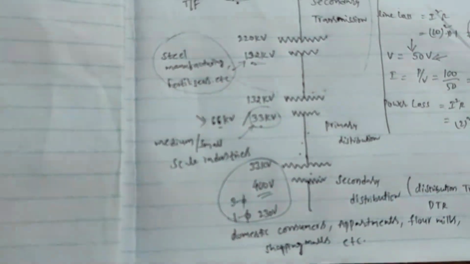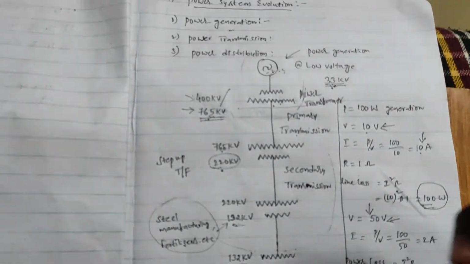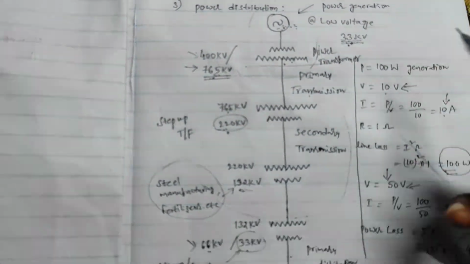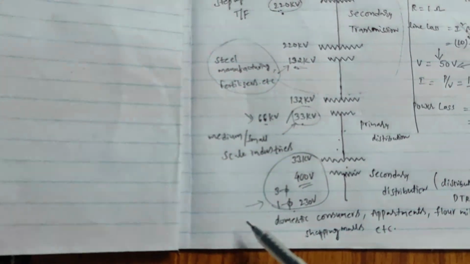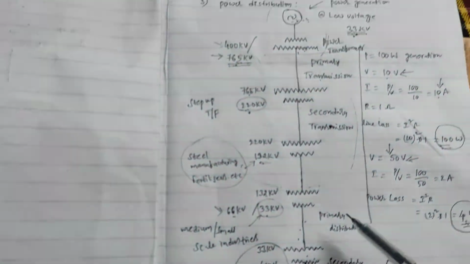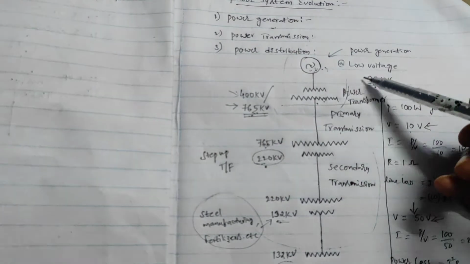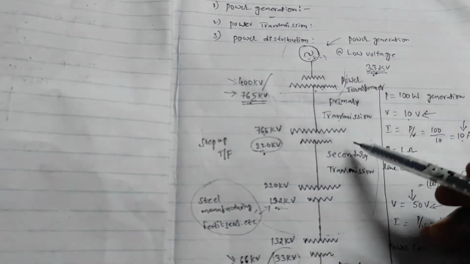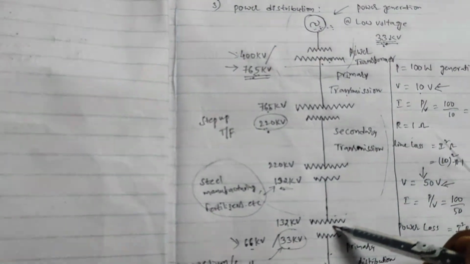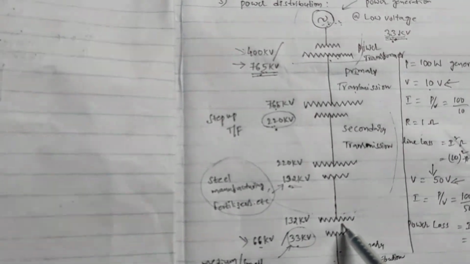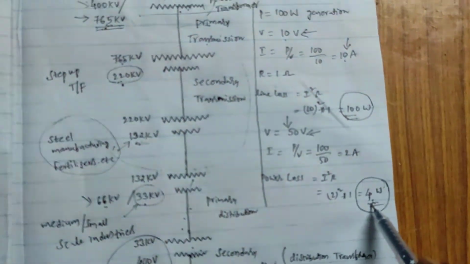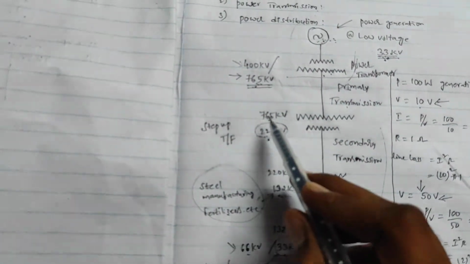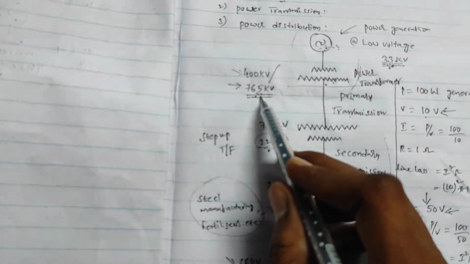So here if you observe, at the power generating station we have low voltage, and at the secondary distribution level we have very low voltage, and in between the generating station and the distribution station we have very high voltage, because to reduce the line loss we go for very high voltages, say 765 kV.